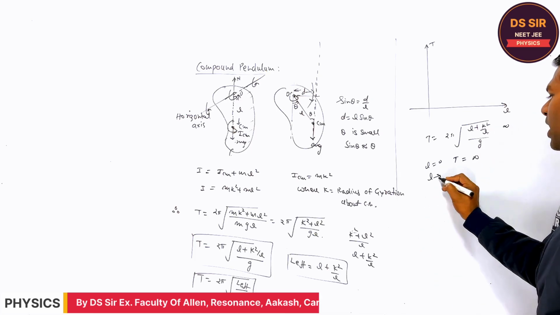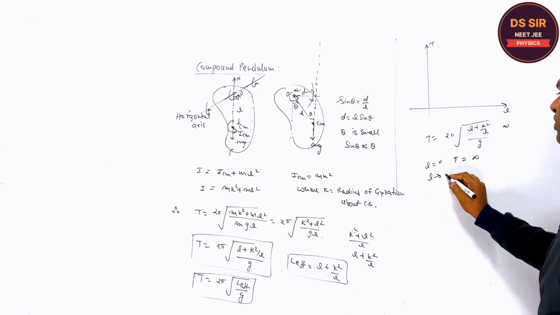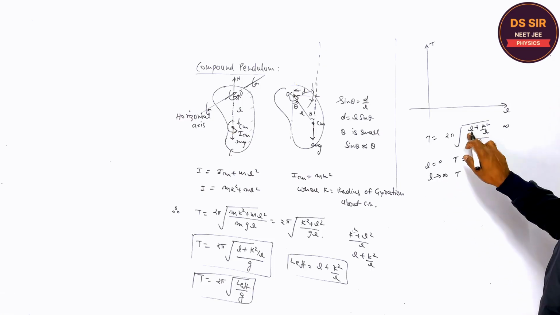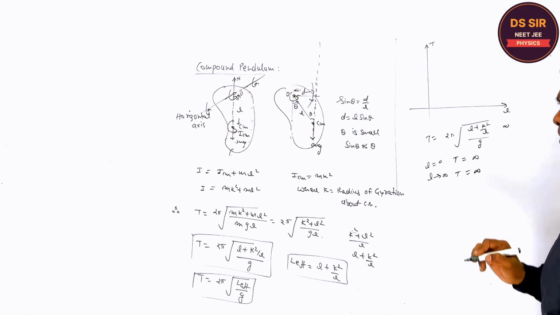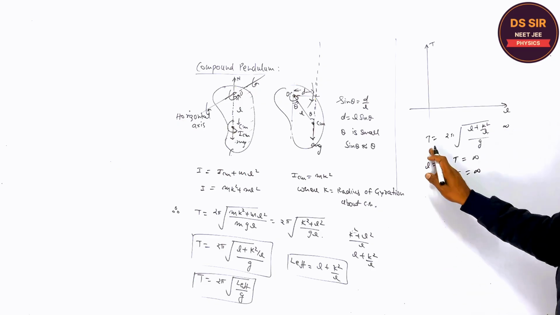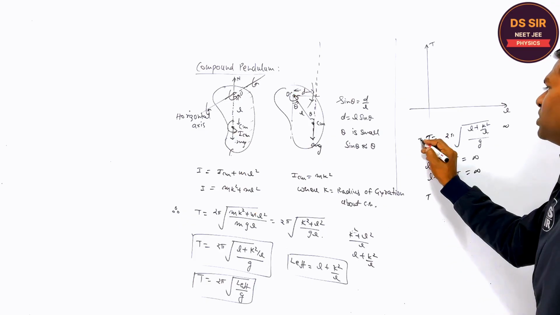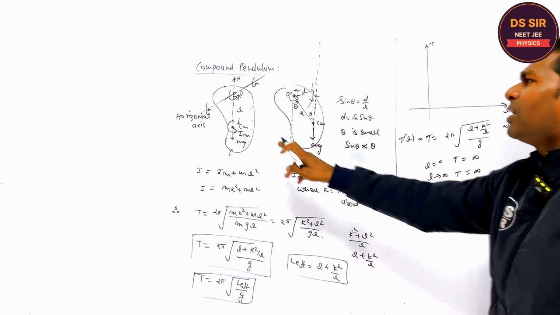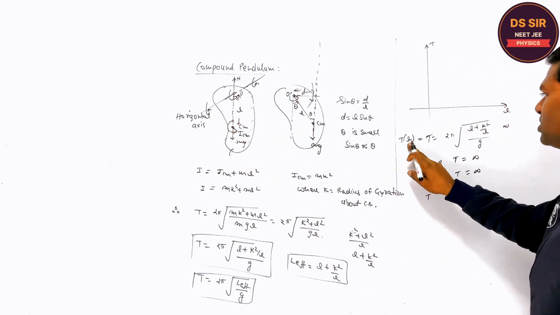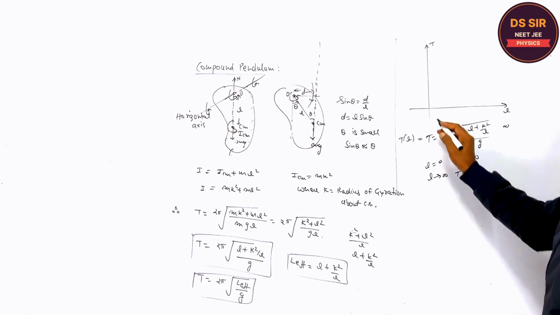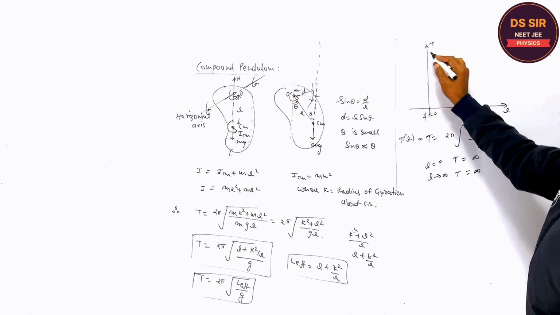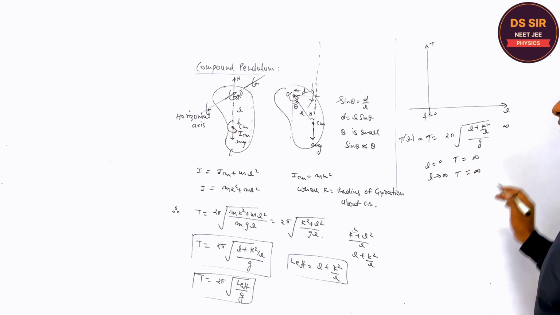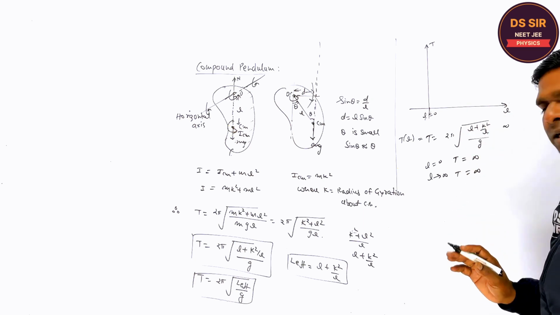If the length is very high and tending to infinity, then infinity plus 0 again becomes infinity. So the time period is a function of this length L. As the length is changing, the time period is changing. At length 0 the time period is infinity, and at length infinity the time period is infinity.